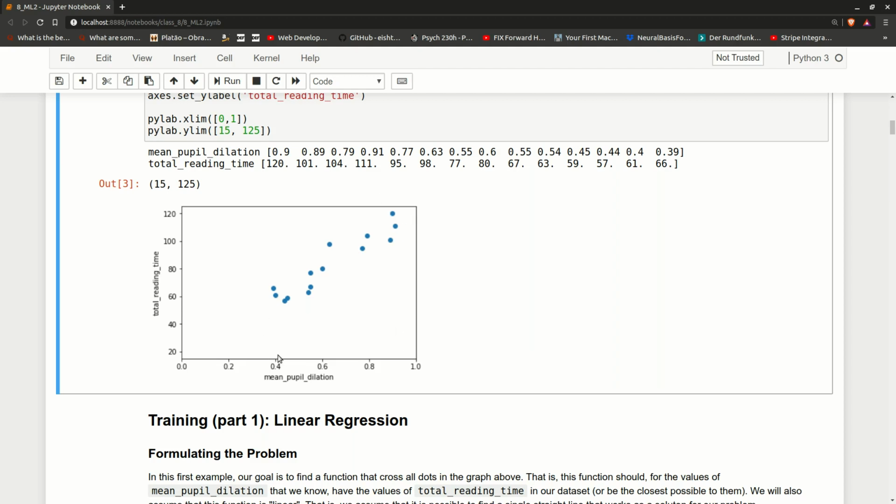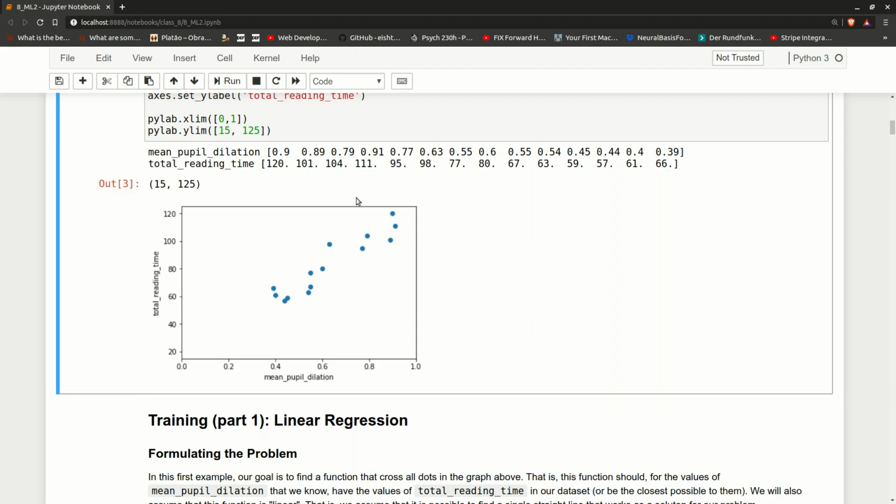If you see a small number for the mean pupil dilation, then you would guess that the total reading time is around here. So you can see that there is some sort of linear relationship between the mean pupil dilation and the total reading time. If you are not really understanding this, I would suggest you stop the video and look a little at this graph and think a little about how these two variables relate.